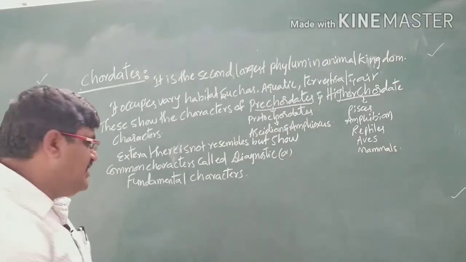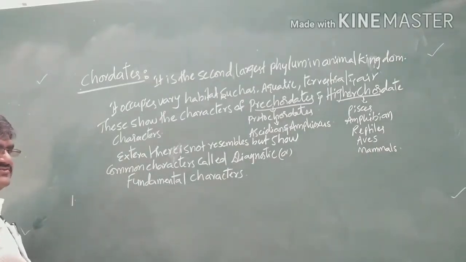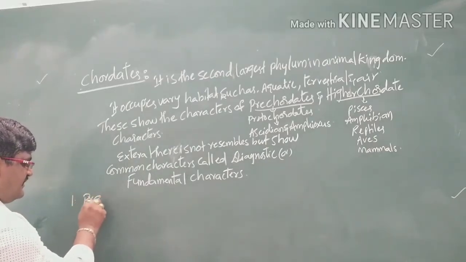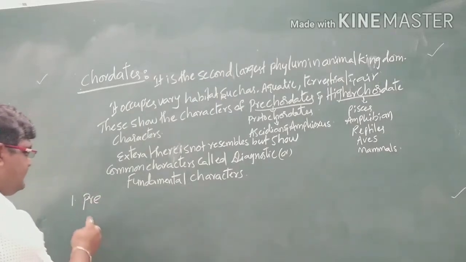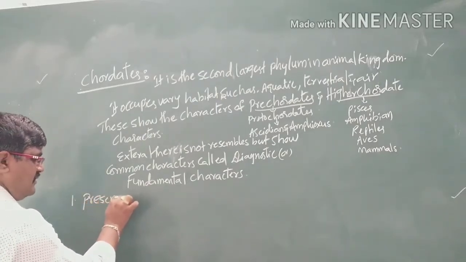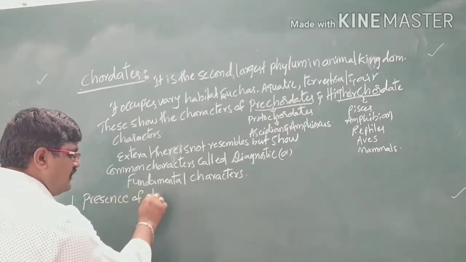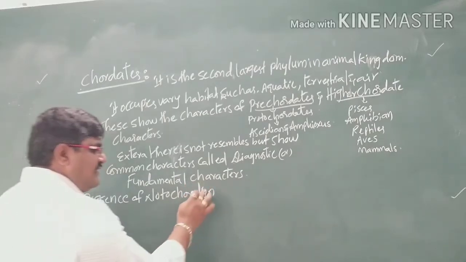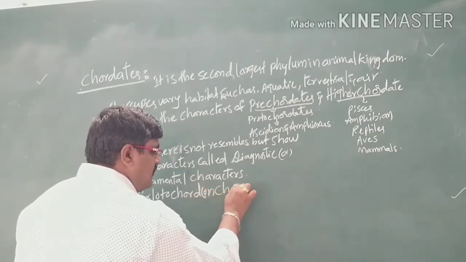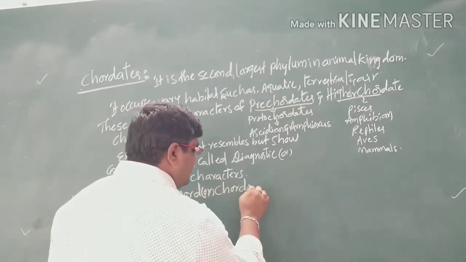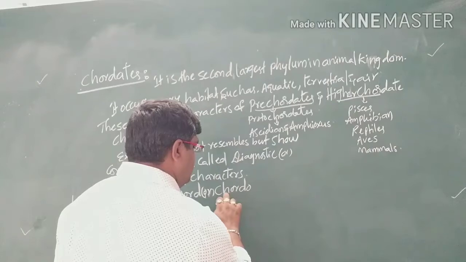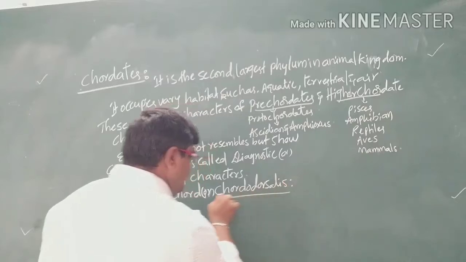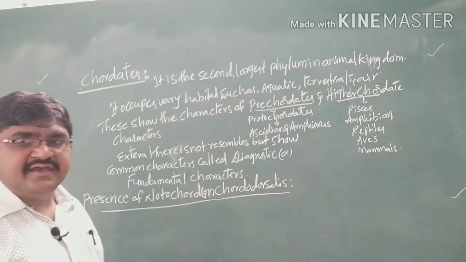So what are they? If we see here, the first one is the presence of a notochord, or chorda dorsalis. Here, what does a notochord mean?